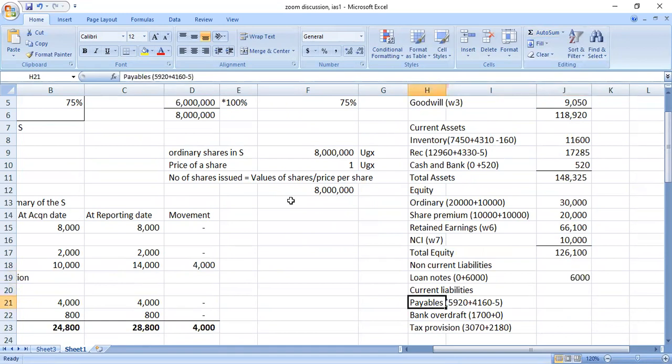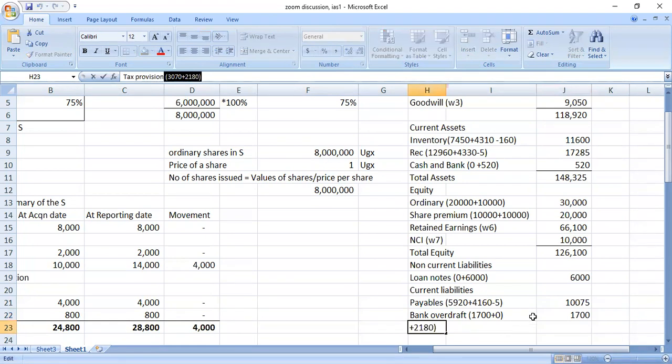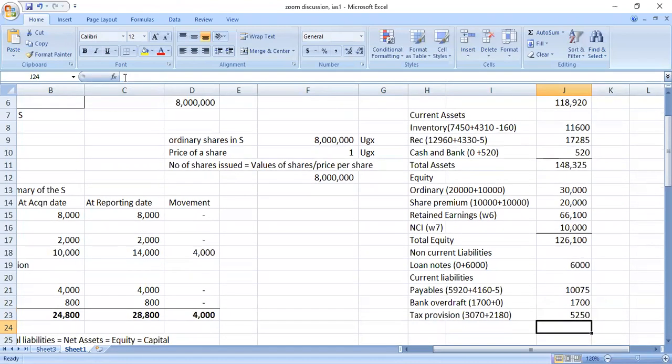And for payables, have that. Then for the overdraft is 1,000. Then for provision, you have that.